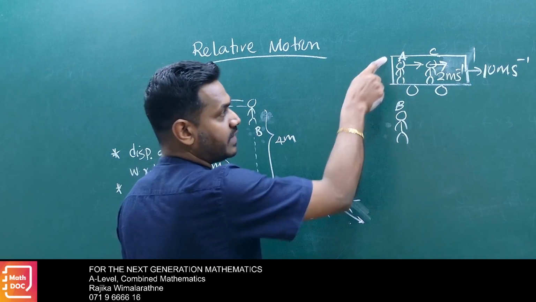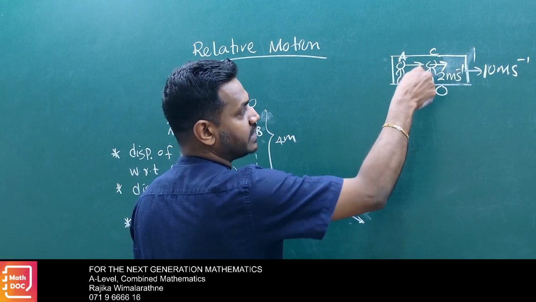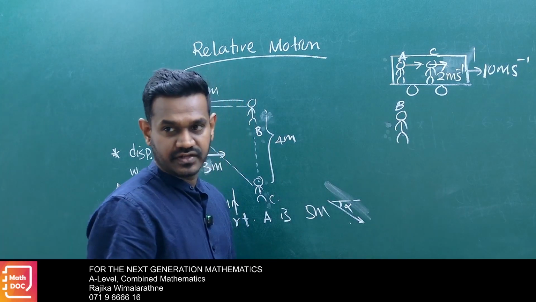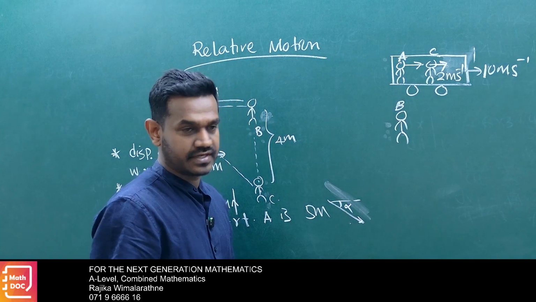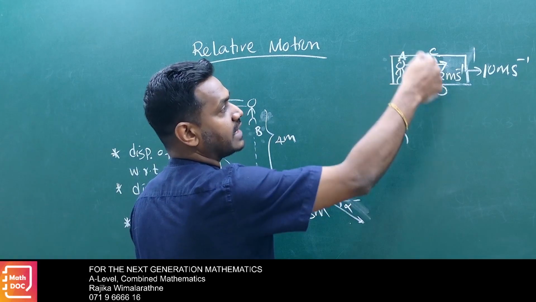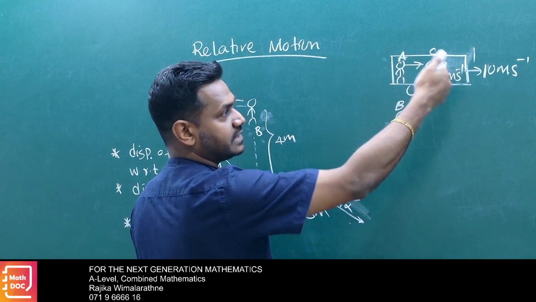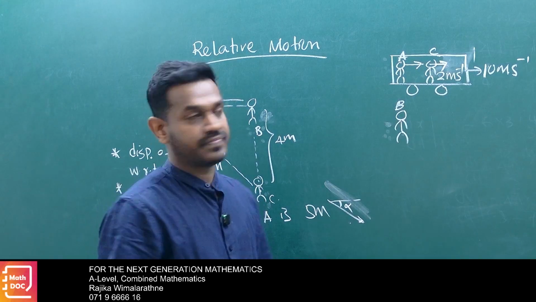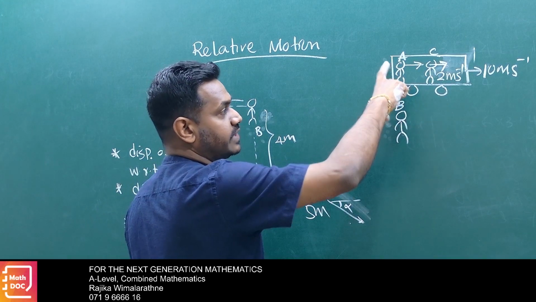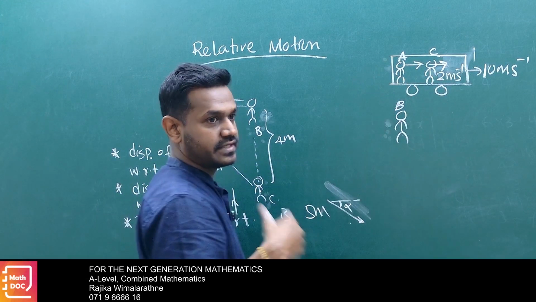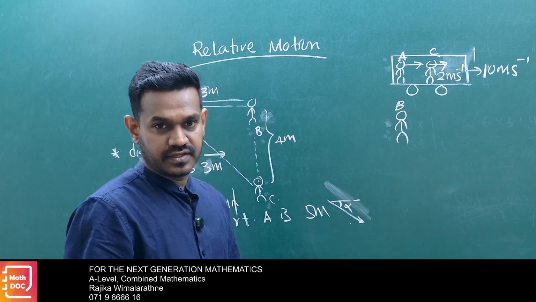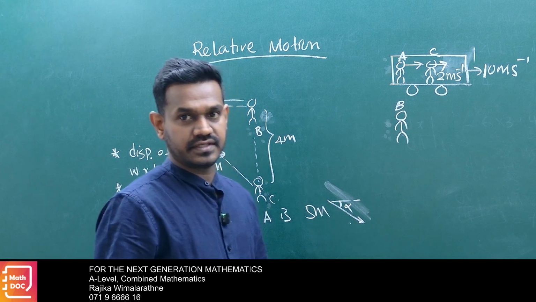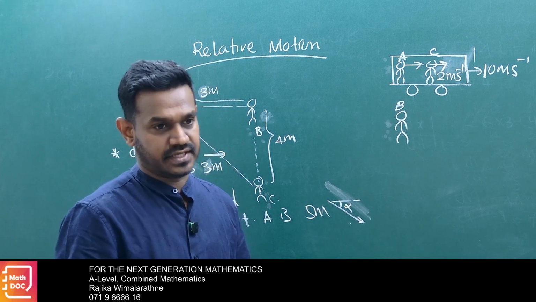Both of them, A and B, observe one single man, that is C, but the velocity appears different. A sees 2 meters per second, B sees 12 meters per second. Therefore, we say between A and B, that's relative motion. That is the relative velocity concept.